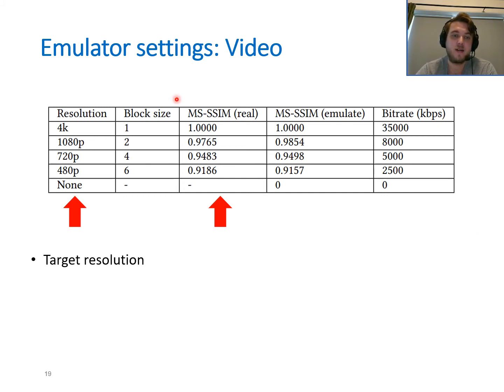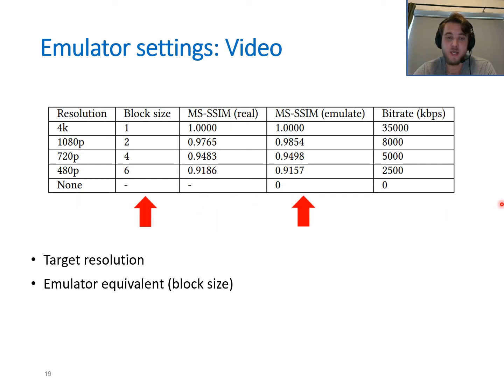So we downscale that video, and we get some MMSys values for each of the resolutions, and then we convert that to an emulator equivalent using the block size, getting rough estimates of the same average value.